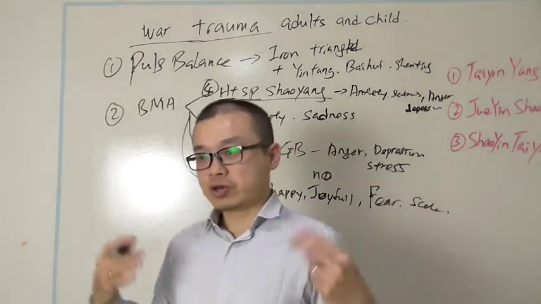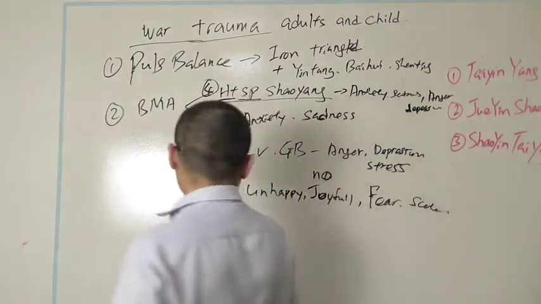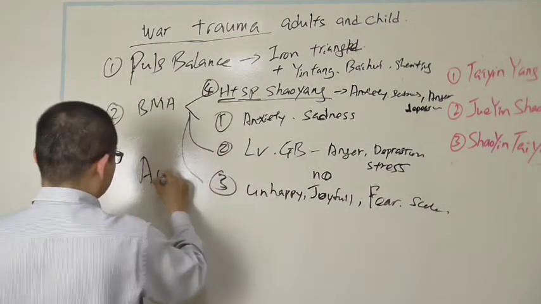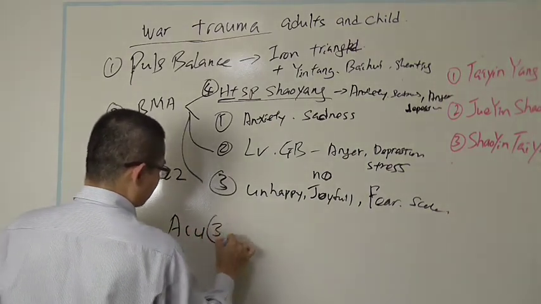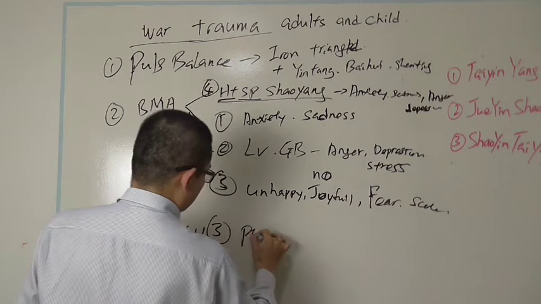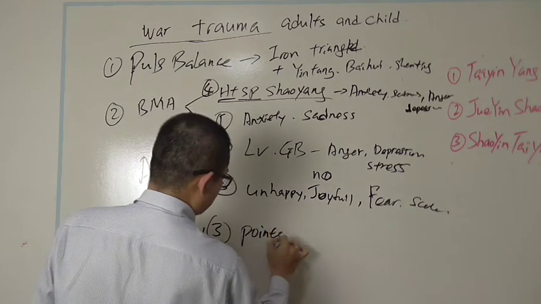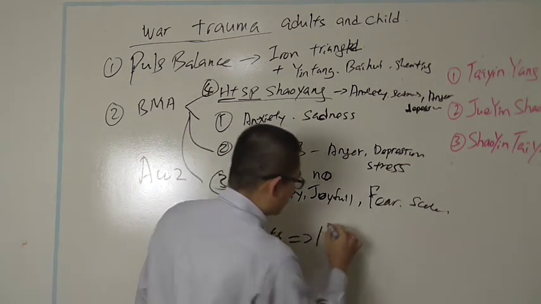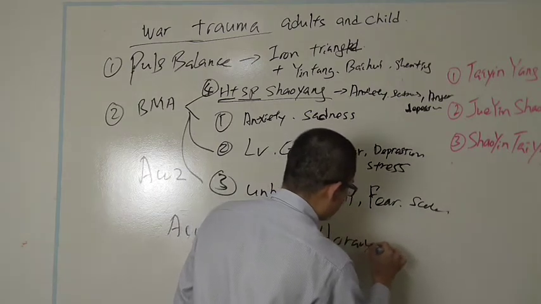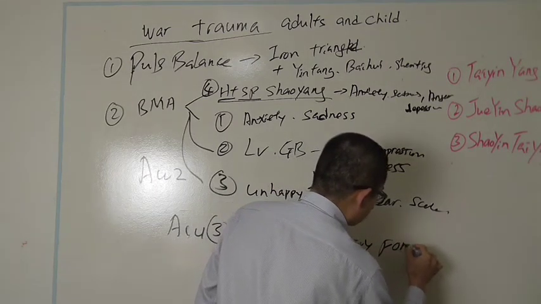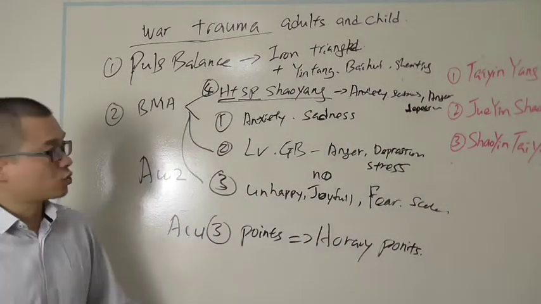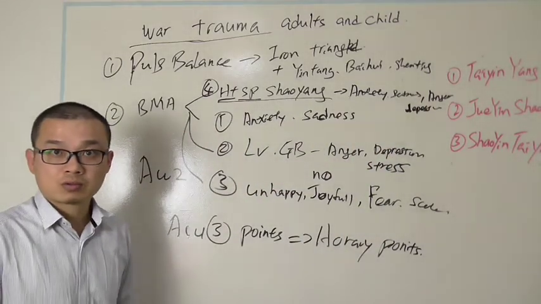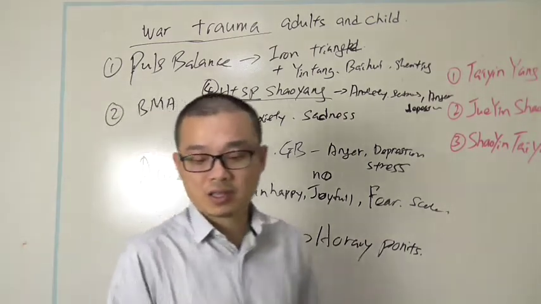And for choosing the points, this is acupuncture 2, the acupuncture 3, you want to choose the points, right? Simply use Harari points for all of this. So one only needs 1 point. Just use Harari points, alright?